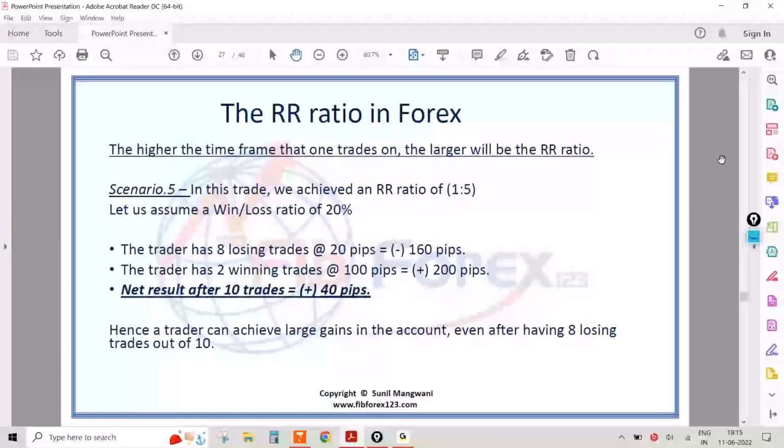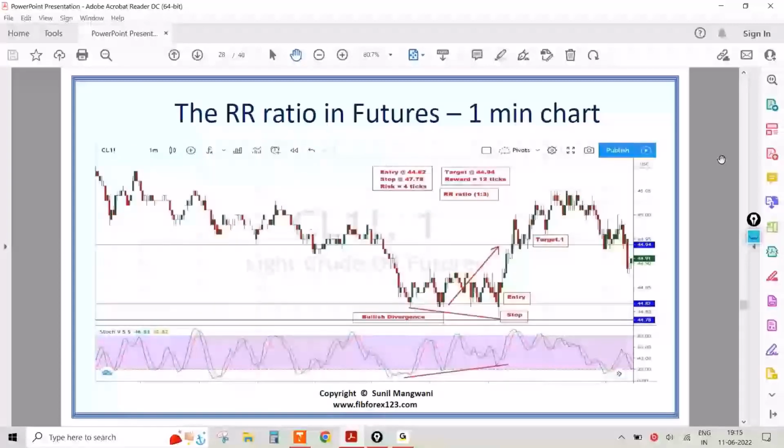And my way of looking at it is my one winning trade will take care of 3 consecutive losing trades if I have them. That's what keeps my account growing, right? So this was the importance of your risk to reward ratio. Let's take some other instruments, commodities, crude oil.